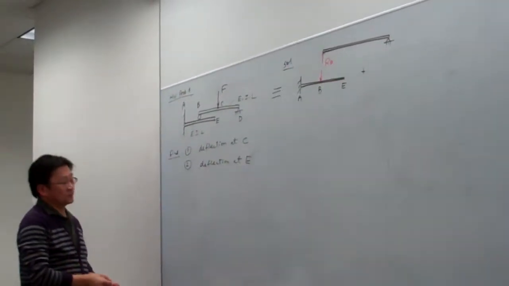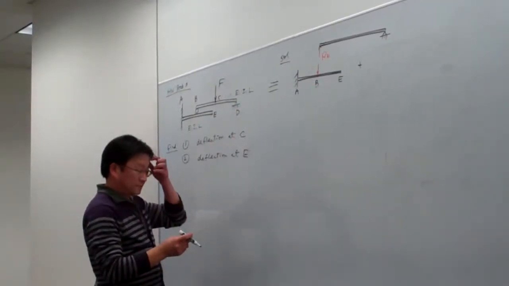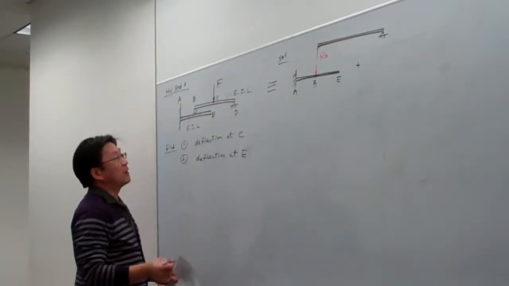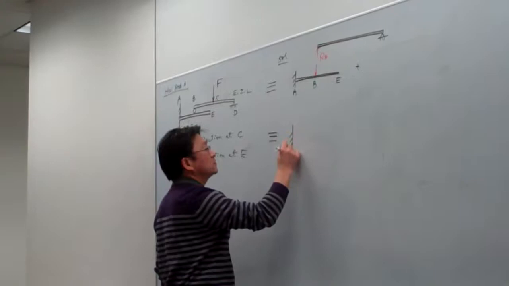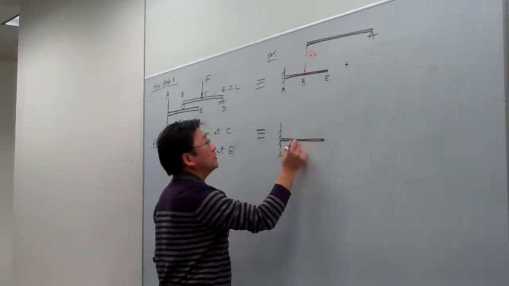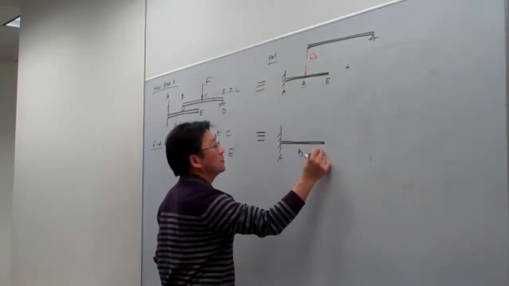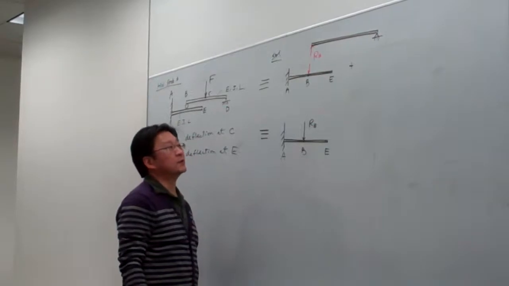So working like this, furthermore, this one can be rewritten into this. So this is A and B, E. This is the force here, unknown, but we know that it will be the force RB here.